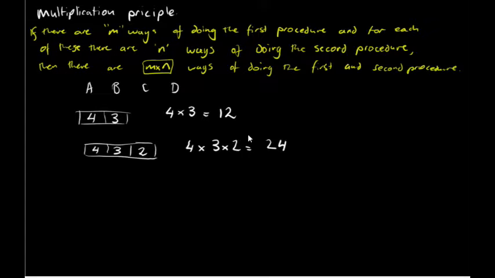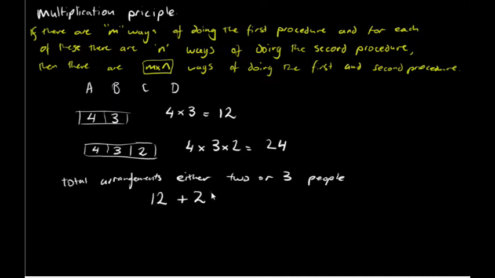And as a final statement, if I was interested in the total number of arrangements of either 2 or 3 people, then it would be 12 plus 24, which gives me 36.